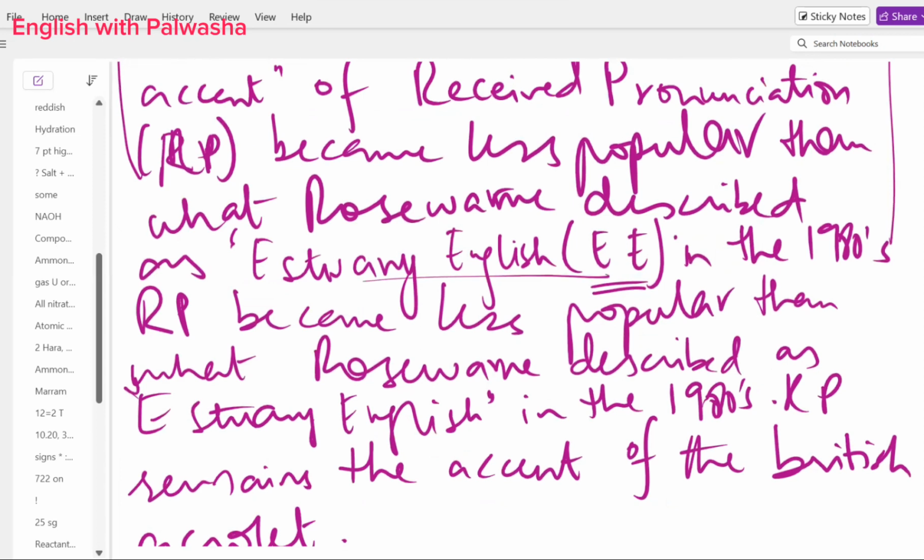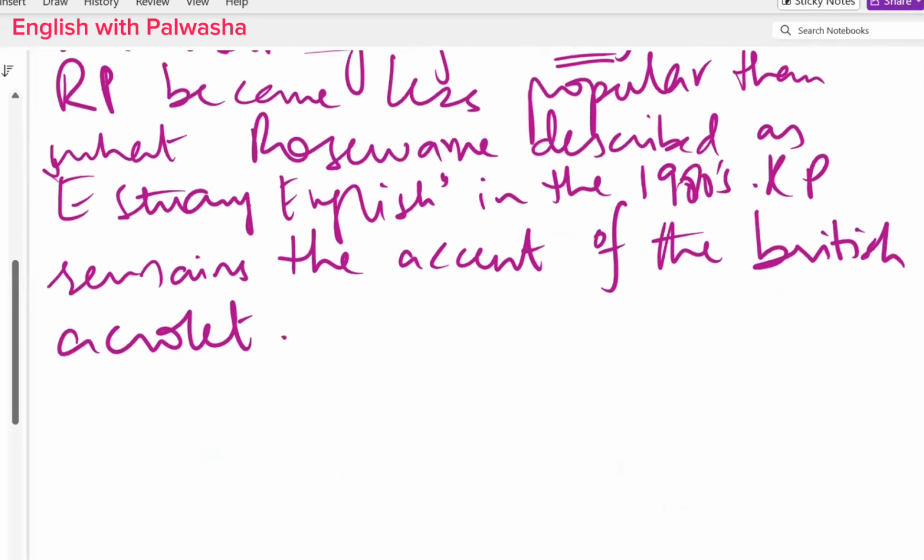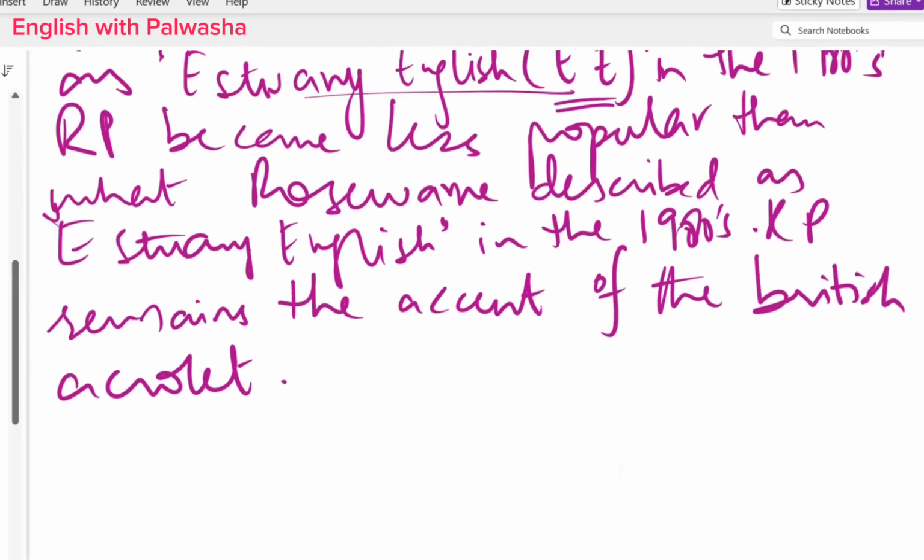It is the same thing I've picked up from the first paragraph. RP remains the accent of the British aristocracy. And then we are going to explain in detail how RP, received pronunciation, maintains its position in society. What are the signs of the phonological modifications we're going to discuss.